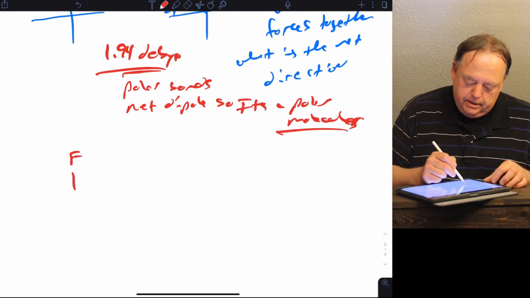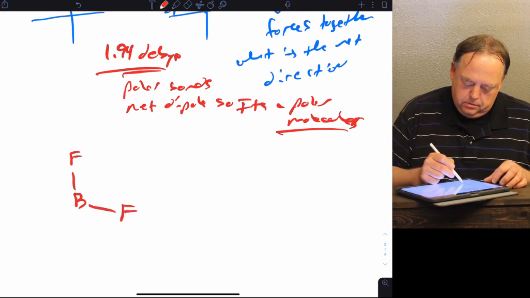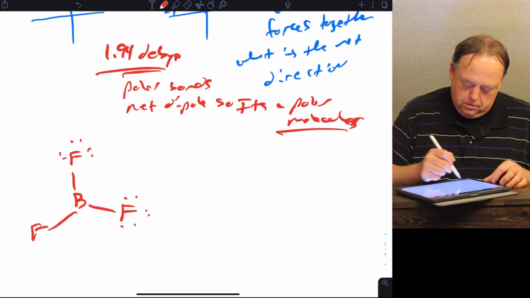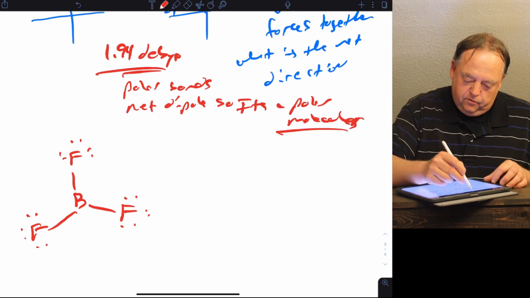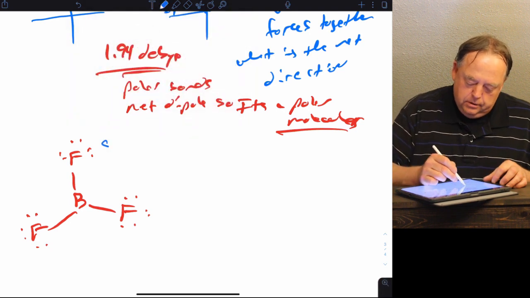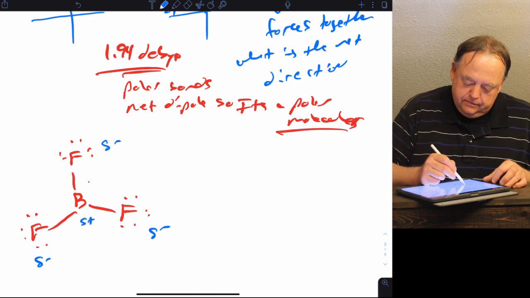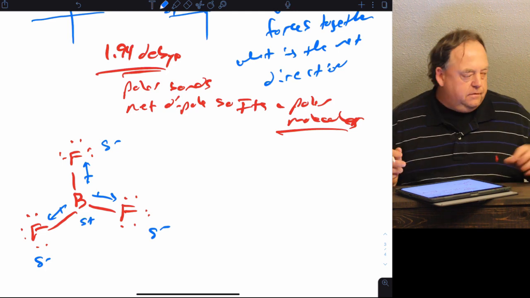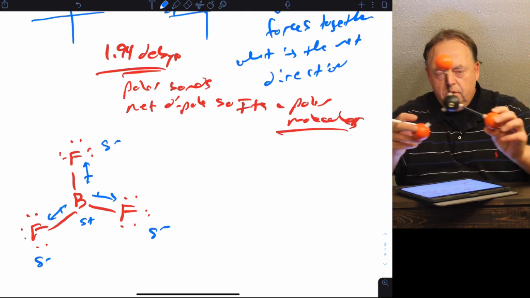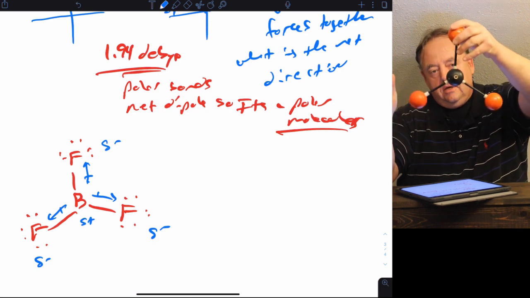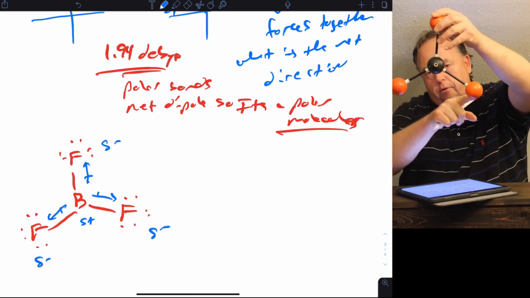So what about BF3? Fluorine is more electronegative than boron, so each fluorine is partial negative and boron is partial positive, and each fluorine pulls electrons towards itself. Because of the symmetry of the molecule, this fluorine pulls in that direction, this fluorine pulls in that direction, and this fluorine pulls in that direction.